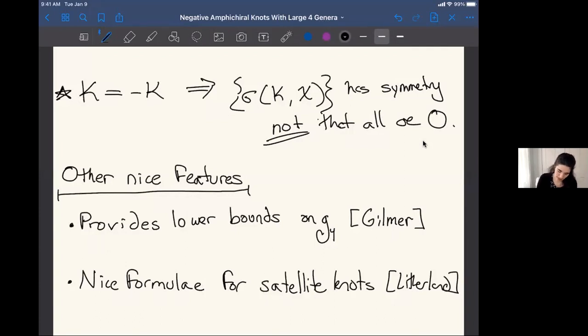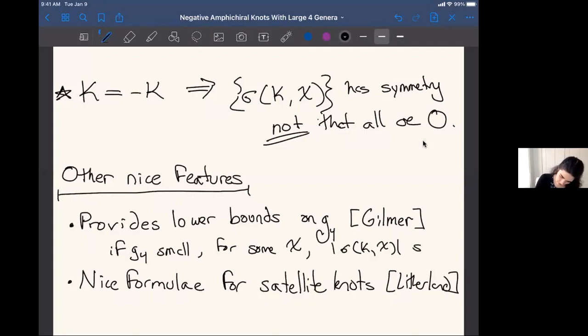But the takeaway is if G4 is small, then for some characters, the absolute value of the Casson-Gordon signature is also small. Here, the number of characters depends on the genus, as does what I mean by small. So this is very imprecise, but often workable.